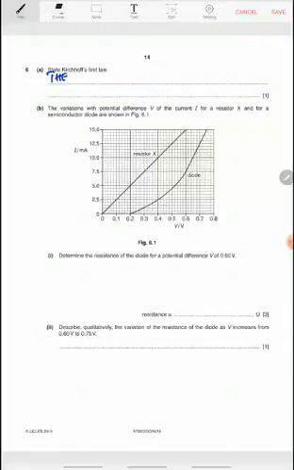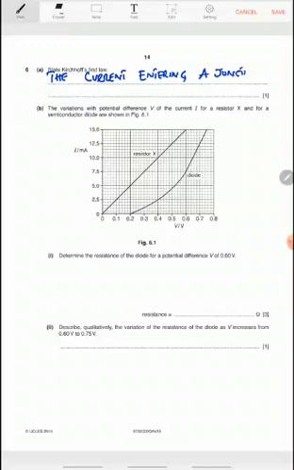The current entering a junction is equal to the current leaving it.